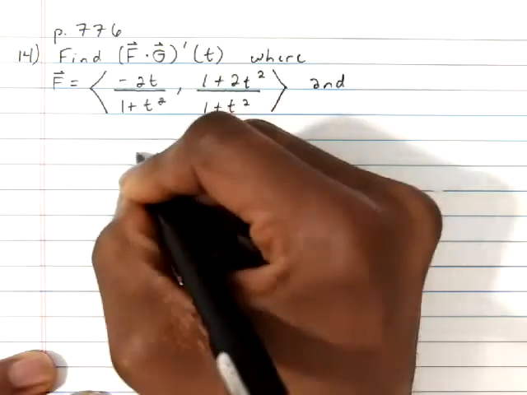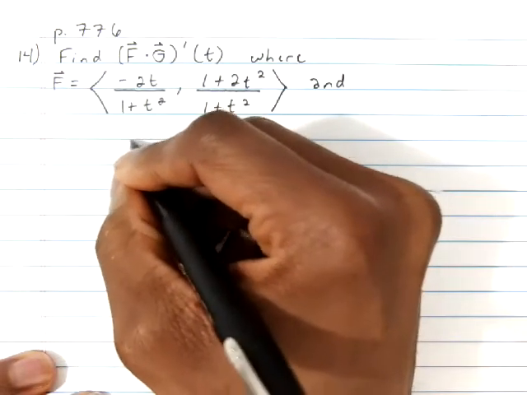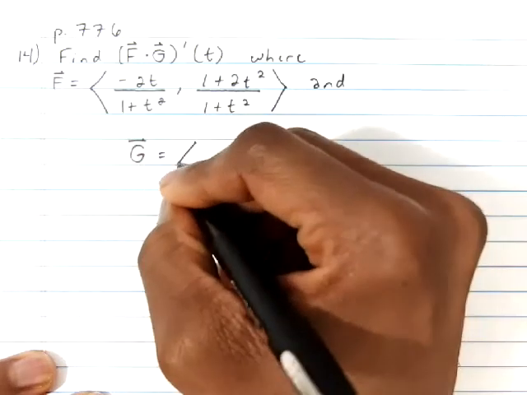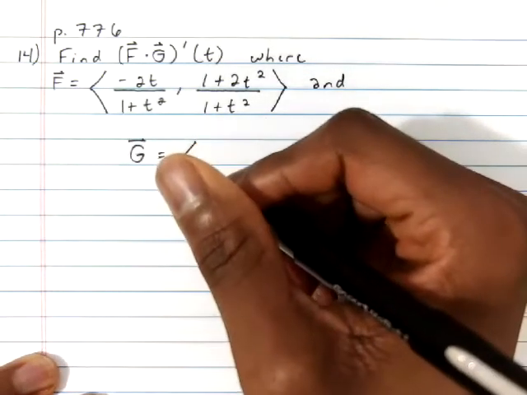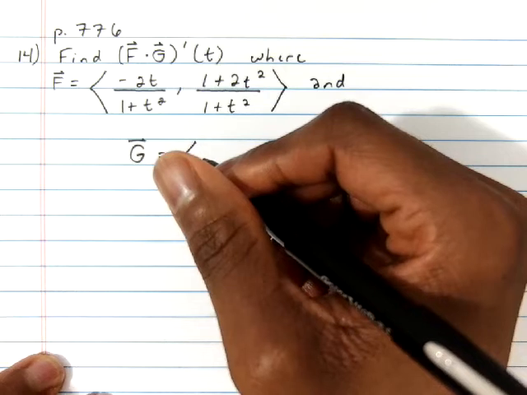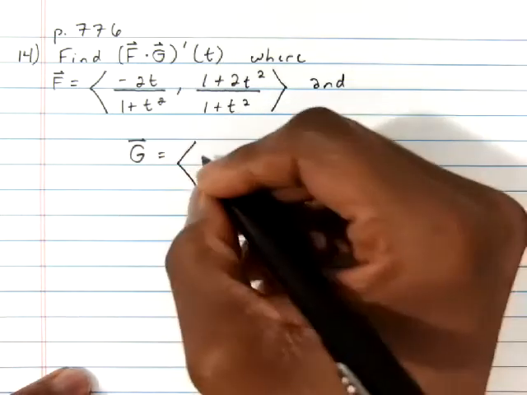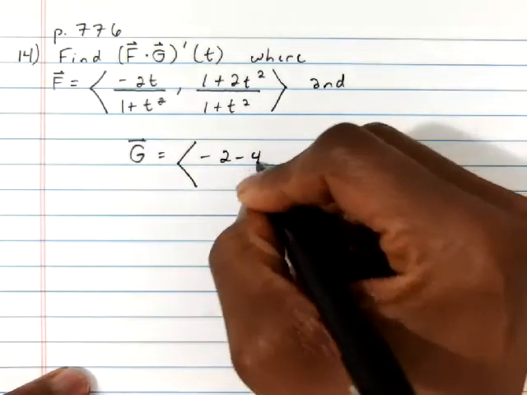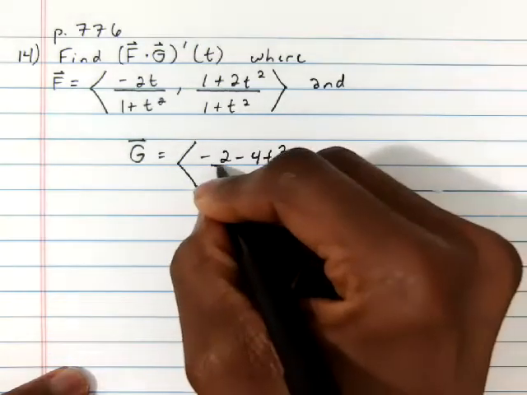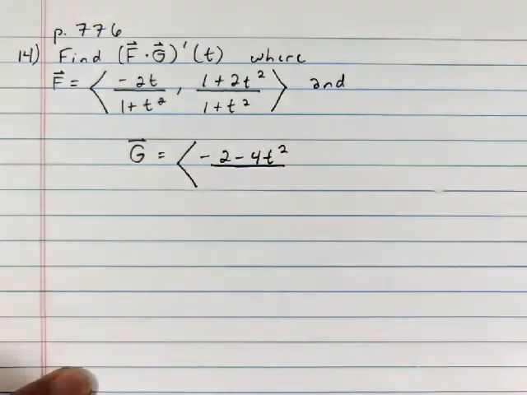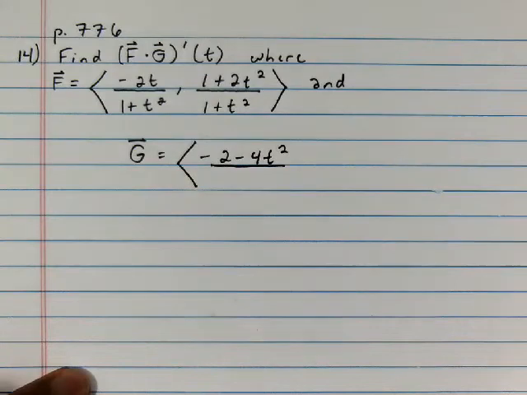And g is equal to the vector whose first entry is the quantity negative 2 minus 4t squared over the quantity 1 plus t squared quantity squared.